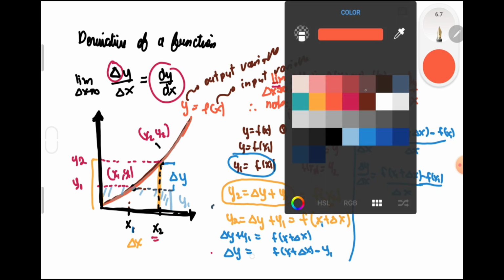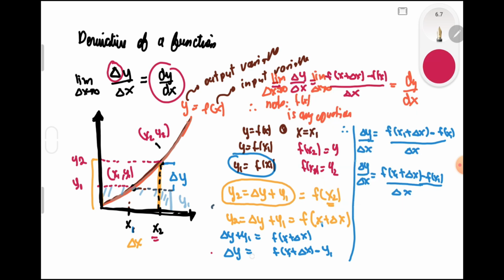Also, since you all know that we have our delta y over delta x, we may also say that we have y sub 2 minus y sub 1, which is equal to our delta, or the change. Take note that y sub 2 is equal to delta y plus y1, so when you subtract y sub 1, you get the value of delta y, which is the change.